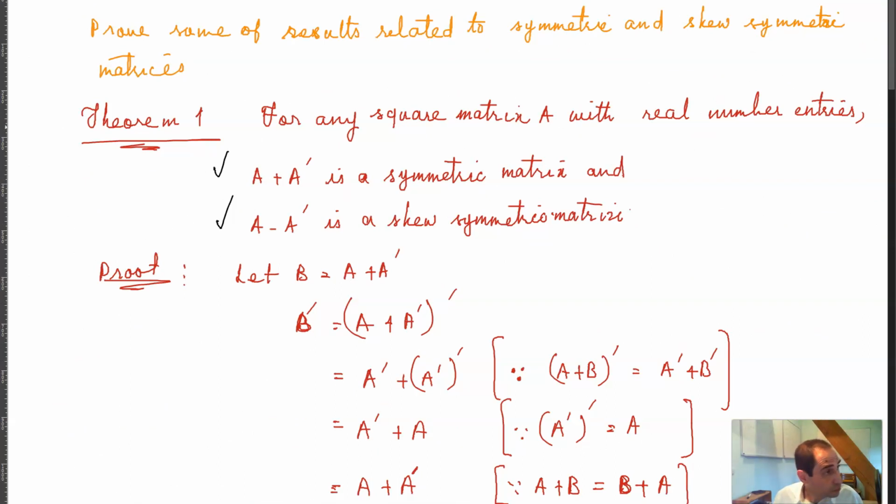Okay, so what we know, the given over here, is that A minus A prime is a skew symmetric matrix, right?